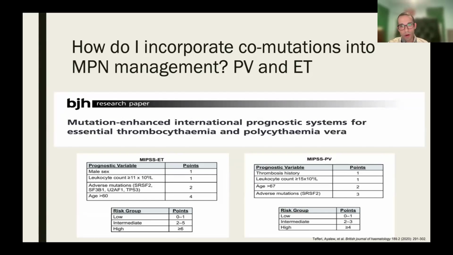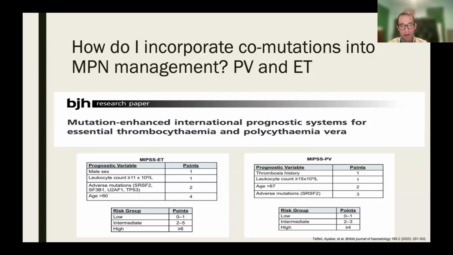So this is work primarily from some Italian investigators as well as the Mayo Clinic, where they looked at people with ET or PV, and they looked at co-mutations, and they saw what co-mutations affected the risk of ET or PV turning to leukemia or turning to myelofibrosis.